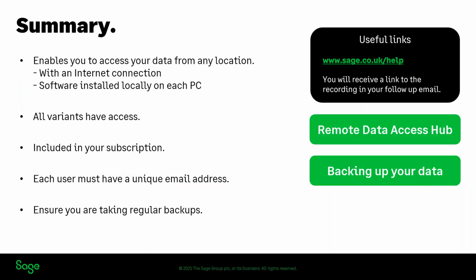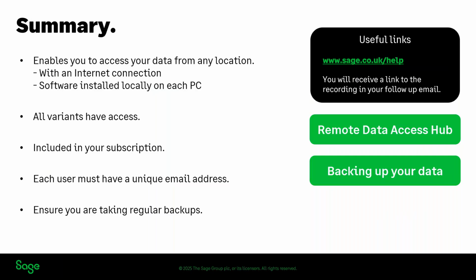Okay, so to summarize, it enables you to access your data from any location with an internet connection and software installed locally on each PC. All variants have access to this feature. It is included in your subscription.